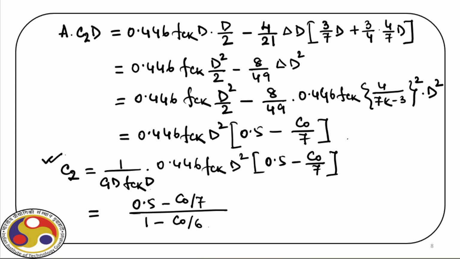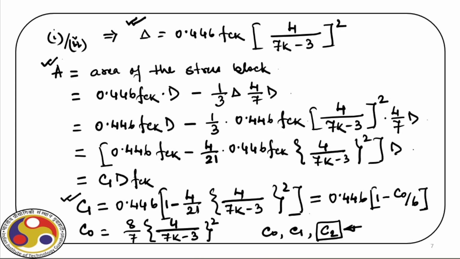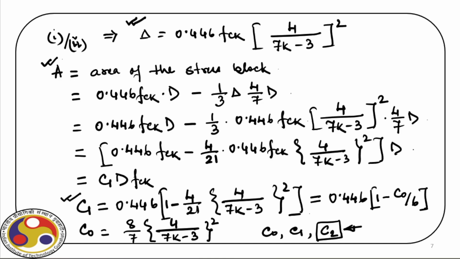So now we have C0, C1, C2 all derived. Their values actually depend on the factor K. As of now, we don't know the location of K, and that is actually done iteratively. So we start with an assumption, then we verify whether that assumption is correct or not.